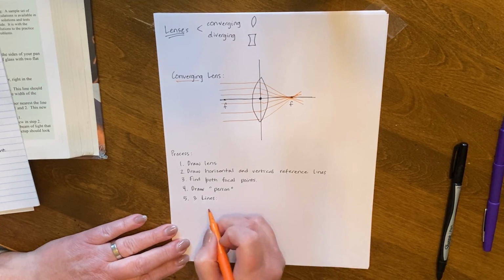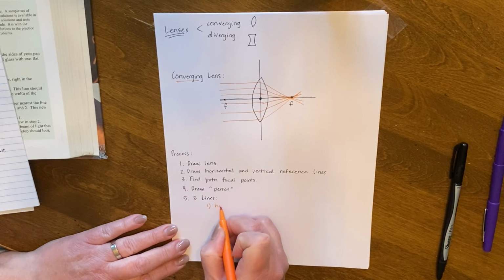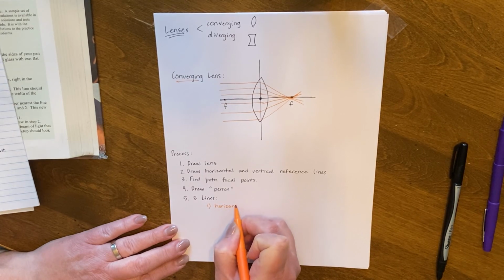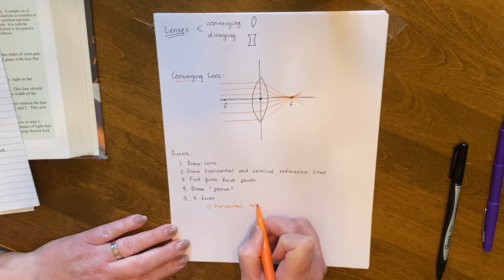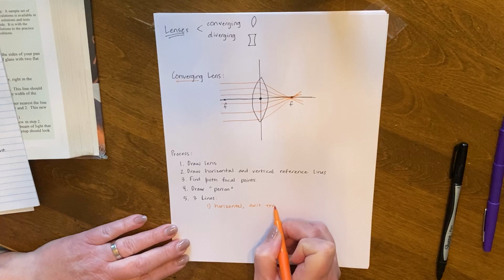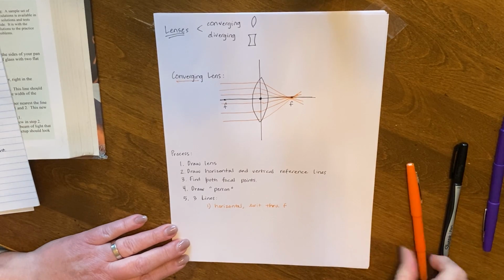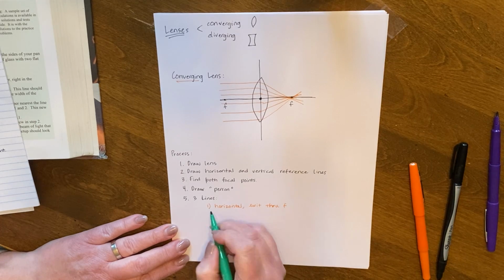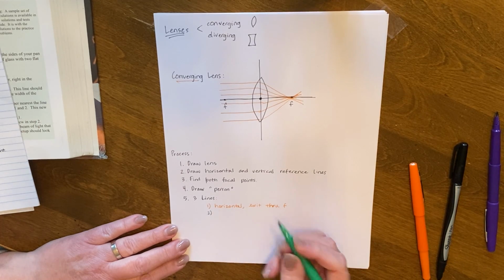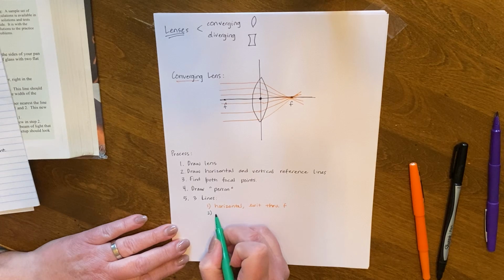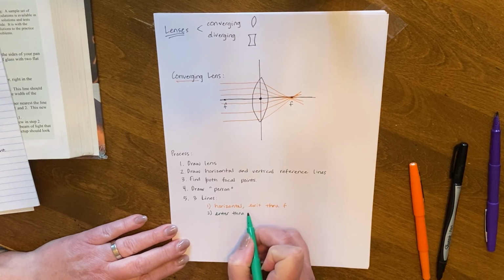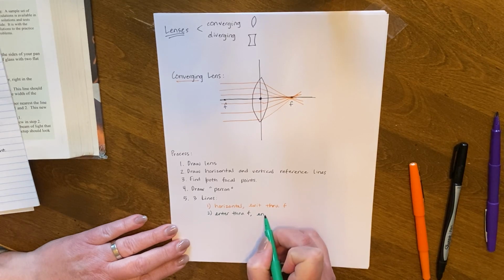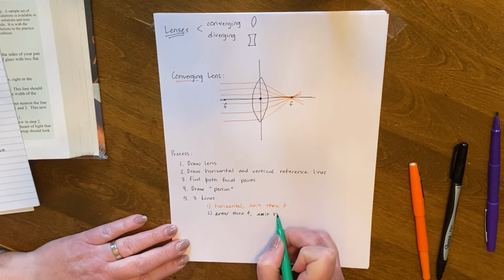The first line we're going to draw is a horizontal line, and it will exit through the focal point. The second line we're going to draw will enter through the focal point and exit horizontally.